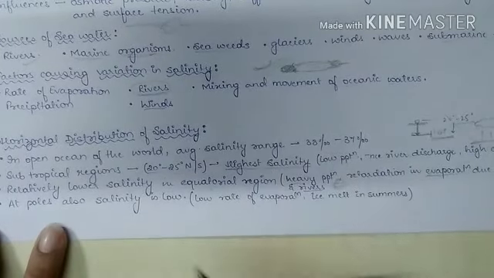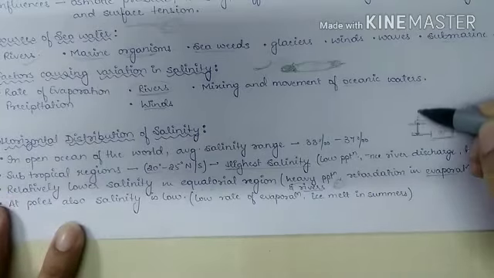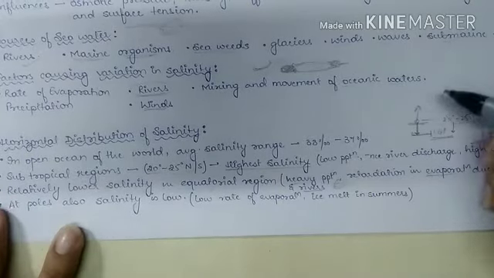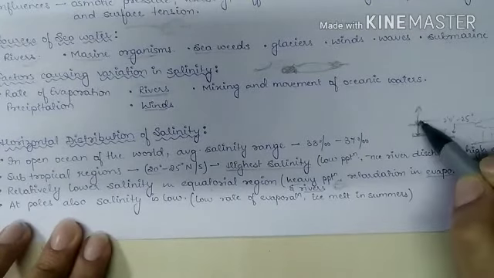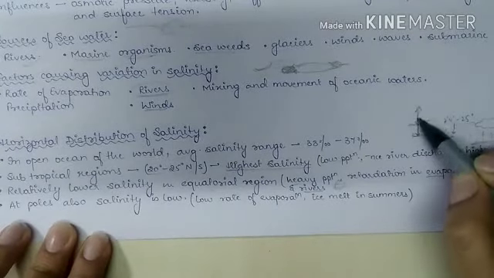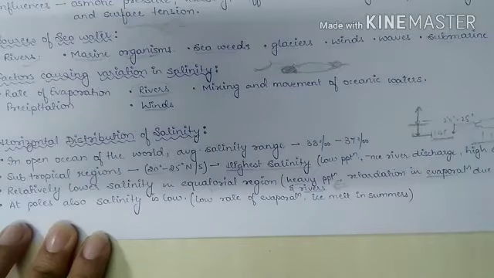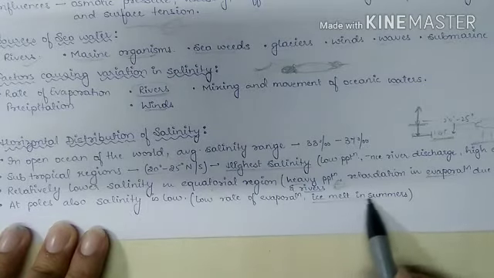And lastly, we have the poleward side. As we go upward towards the pole or higher latitude, the salinity gradually decreases from the subtropical region. This decrease in salinity is due to low rate of evaporation, and secondly due to melting of ice in summer.